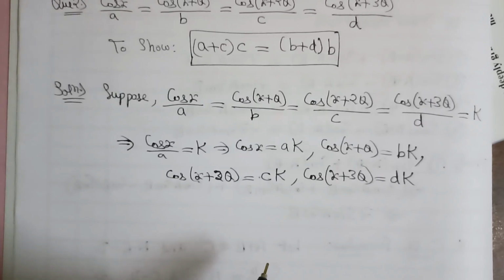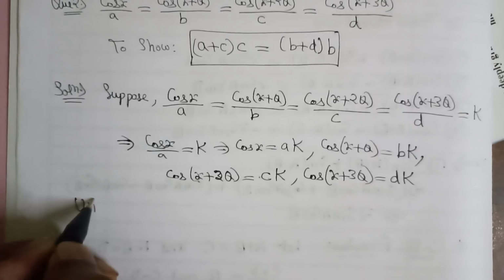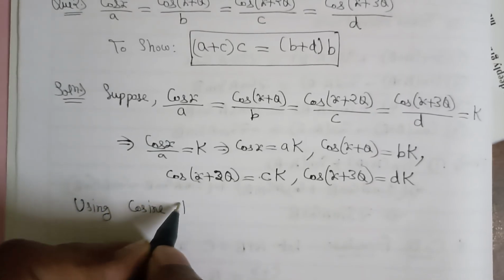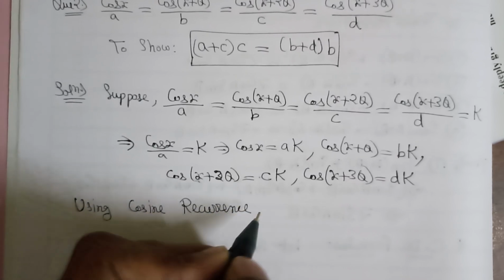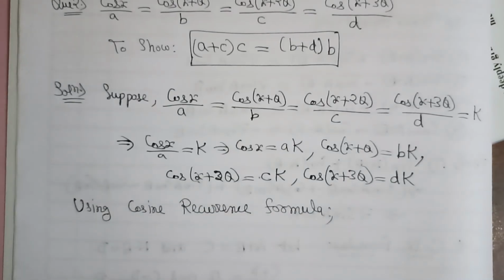So how I proceed? So I need a formula. Formula is what? Using cosine recurrence formula. And what is this?